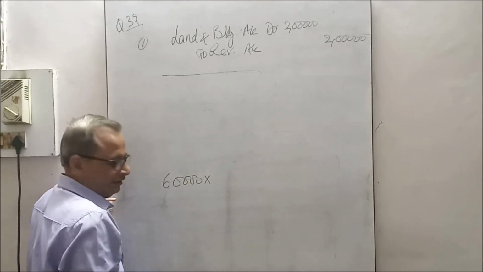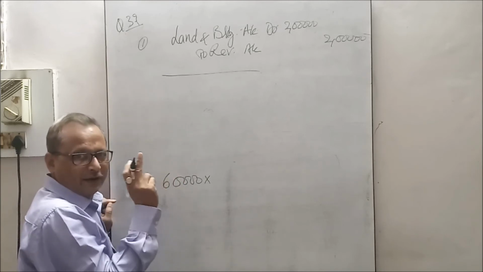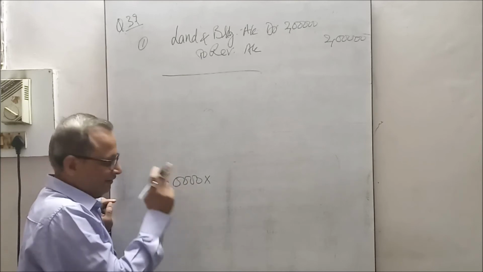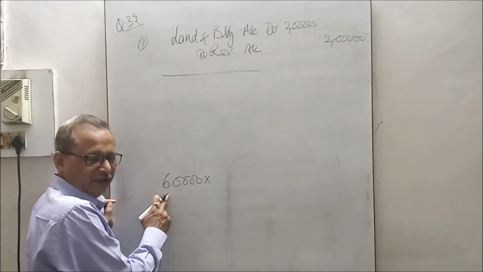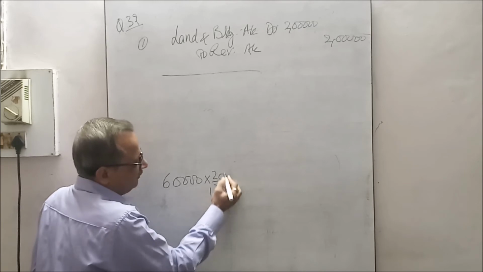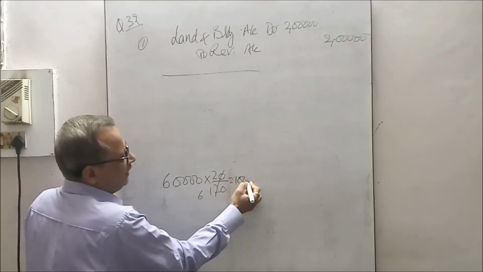If the original cost was 100, then it was increased by 20%, so 120% is equal to 60,000. That is 20 by 120, 10,000 increased.